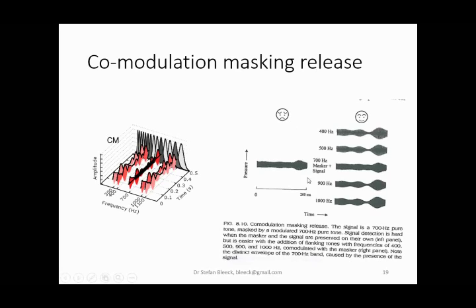Okay, now let's take the same sound, but now we play other sounds as well. We play even more maskers, but these maskers are in different frequency bands. So we've got a frequency band here at 400, at 500, 900 and 1000 Hertz. And what is the same in all of these?